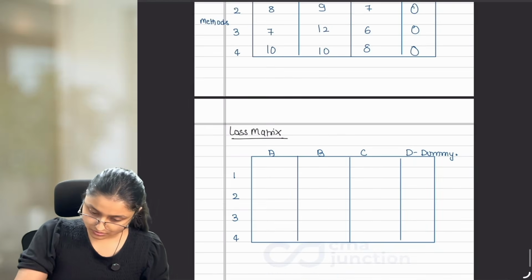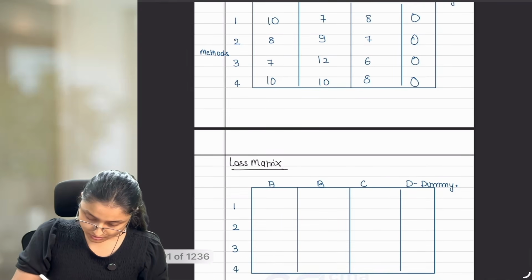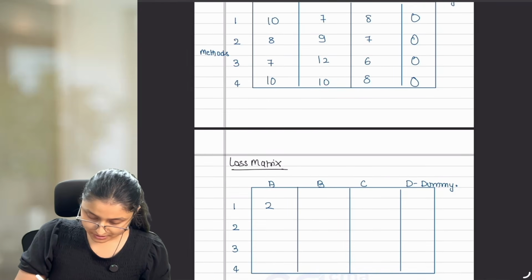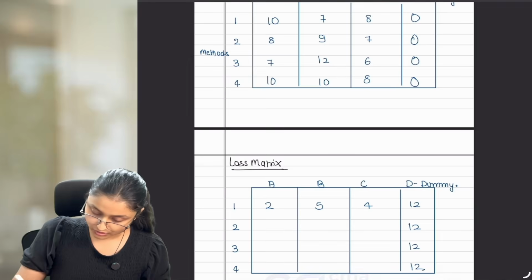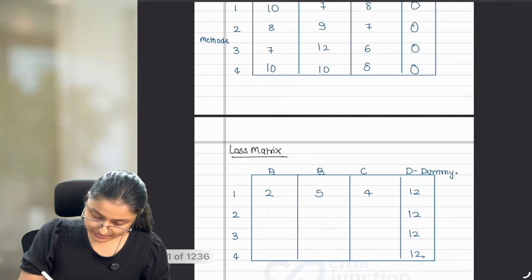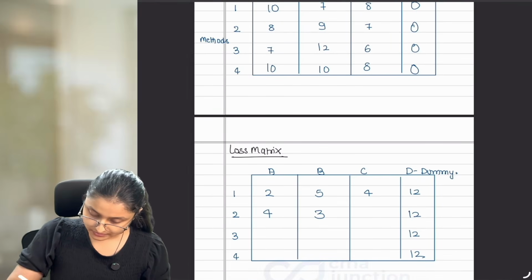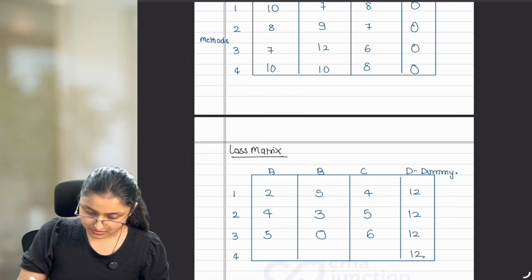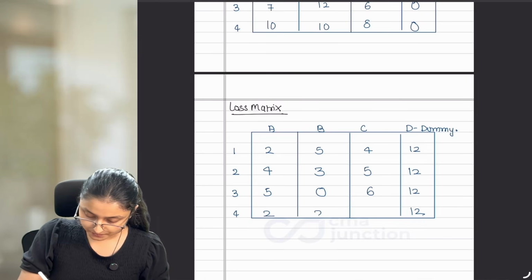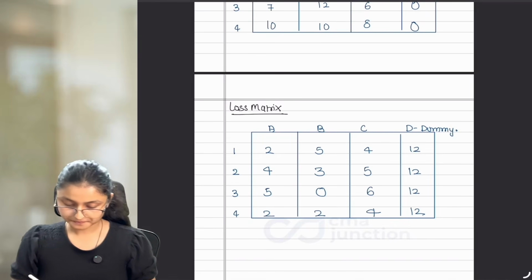So write it down. 12 minus 10 is 2. 12 minus 7 is 5. 12 minus 8 is 4. 12 minus 0 is 12. So here too I have all the zeros, so I'll write 12 only. Next, 12 minus 8 is 4. 12 minus 9 is 3. 12 minus 7 is 5. 12 minus 7, 5. 12 minus 12, 0. 12 minus 6, 6. 12 minus 10, 2. 12 minus 8, 4. Done.